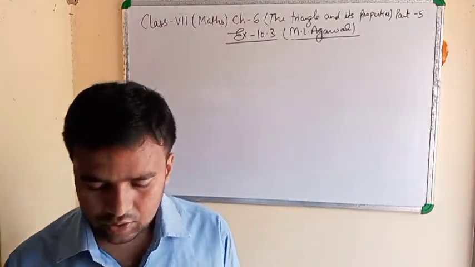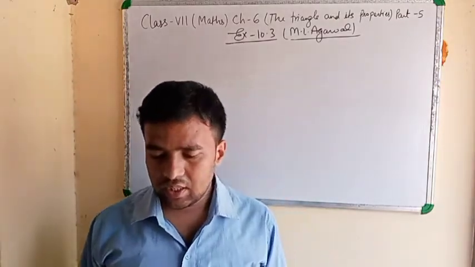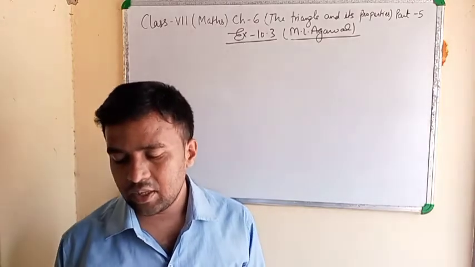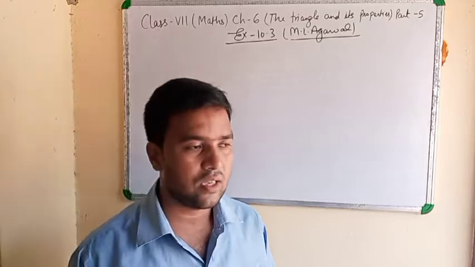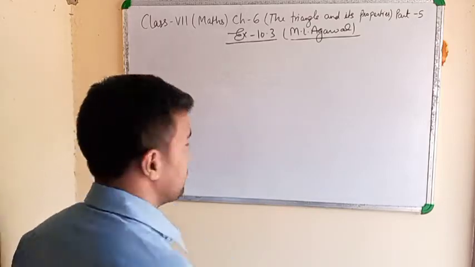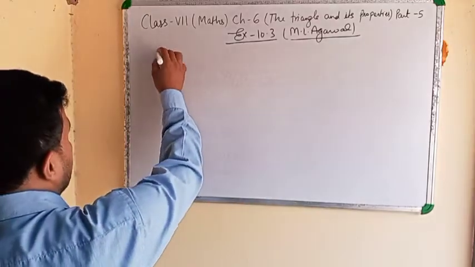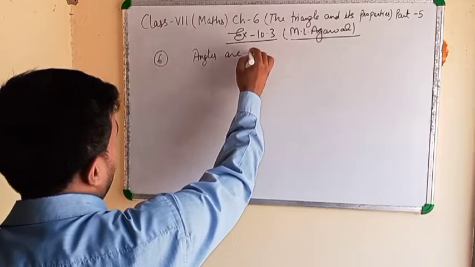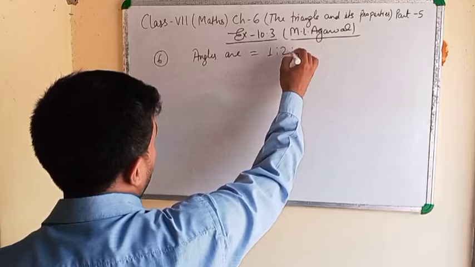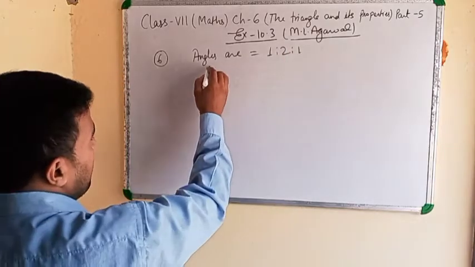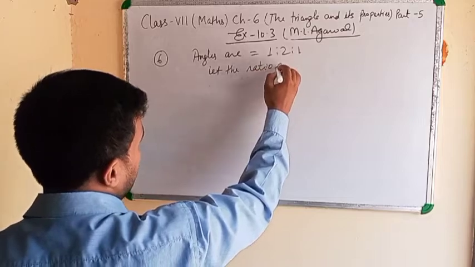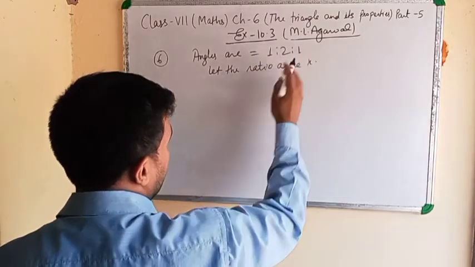Question number 5. If the angles of a triangle are in the ratio 1:2:1, find all the angles of the triangle. Angles are in ratio. Let the ratio be x.